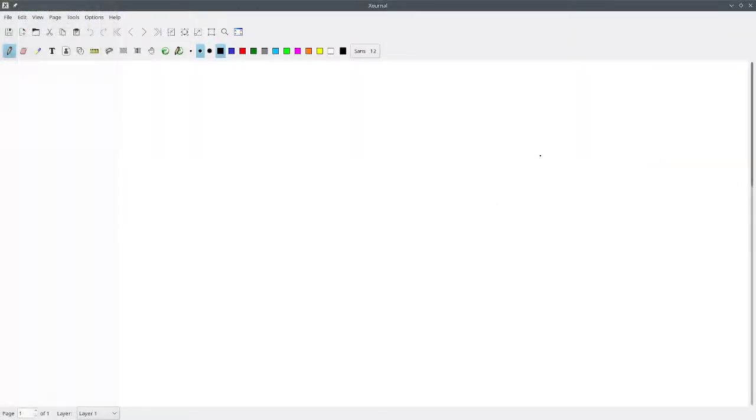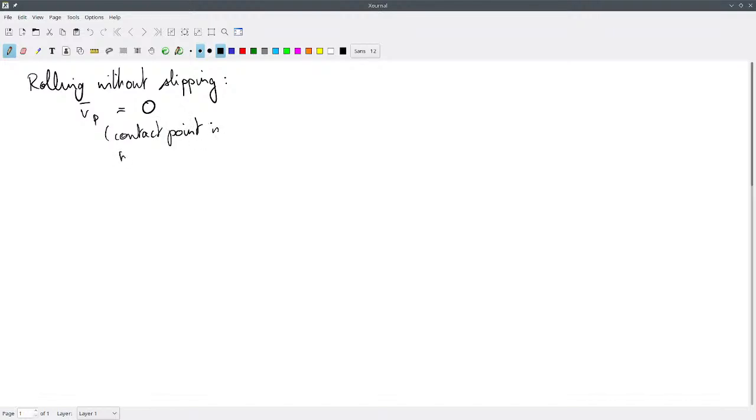And so what we used last time, in rolling without slipping, and we applied this for an inclined plane, but these are general statements, is that the contact point is not moving with respect to the ground.